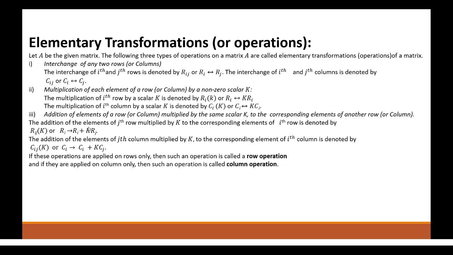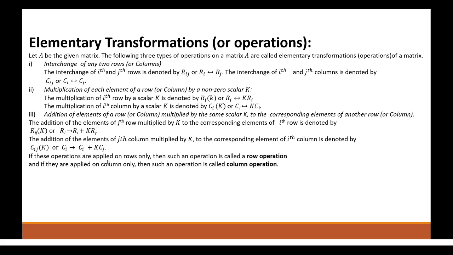The addition of the elements of jth row multiplied by K to the corresponding elements of ith row is denoted by Ri to Ri plus K Rj. Here, addition and multiplication. Then the addition of the elements of jth column multiplied by K to the corresponding elements of ith column is denoted by Ci to Ci plus K Cj.